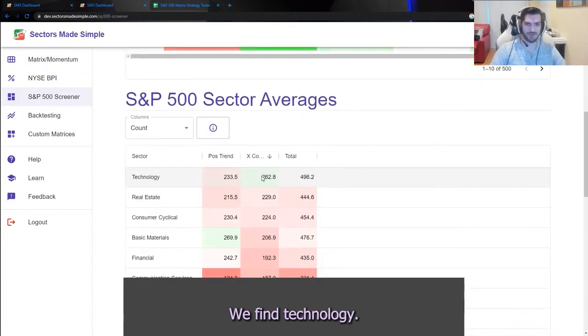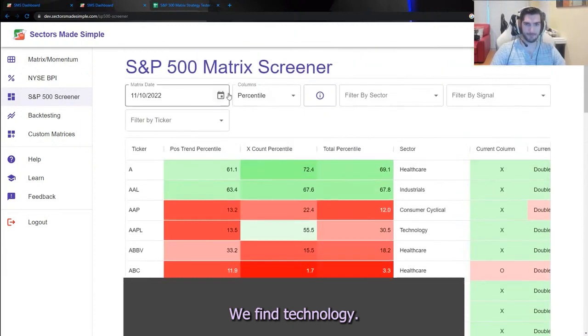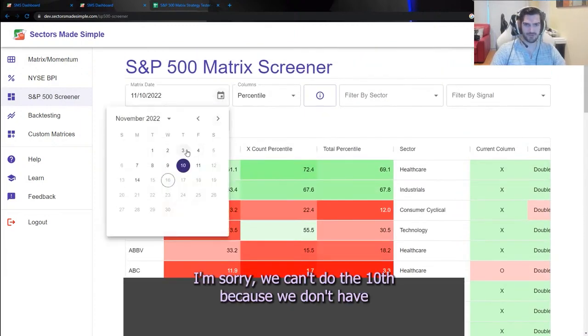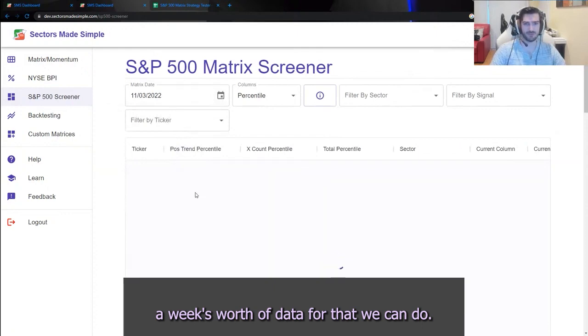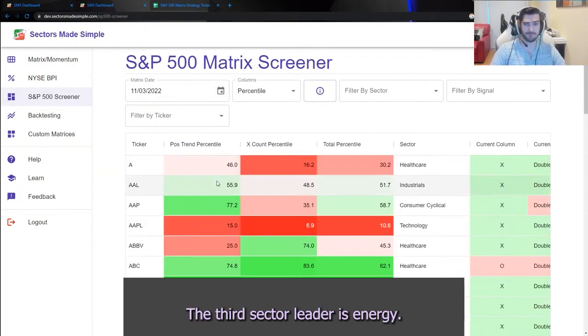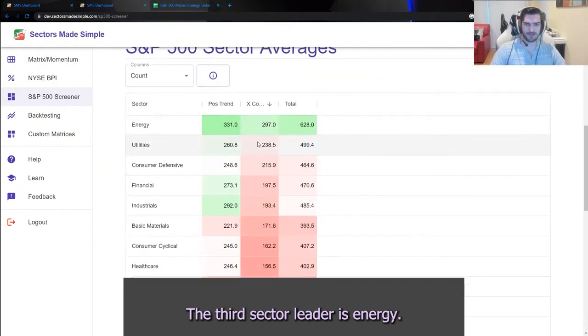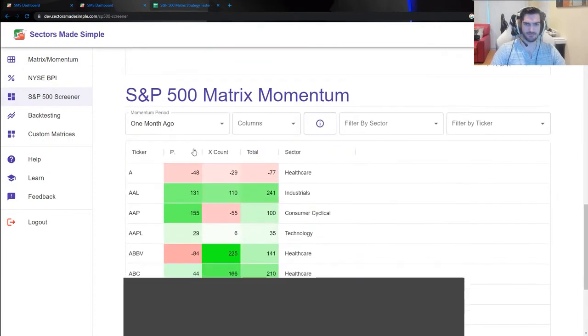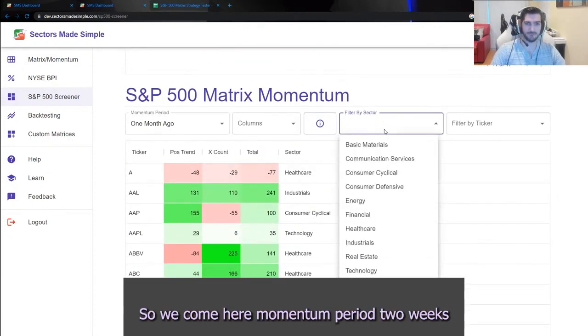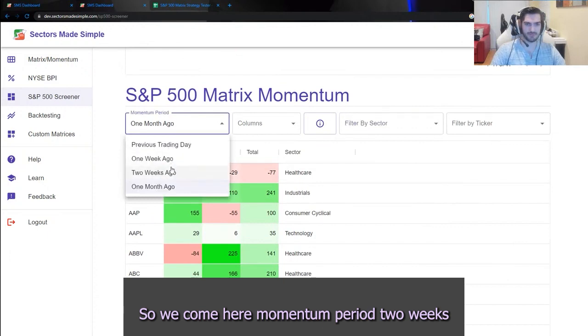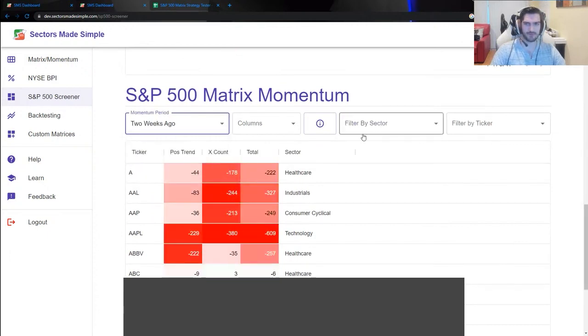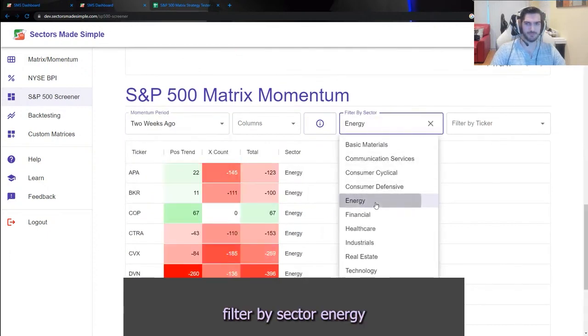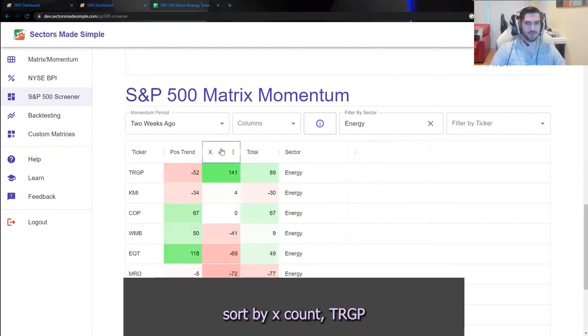We find technology. We can't do the 10th because we don't have a week's worth of data for that. We can do the 3rd. Sector leader is energy. So we come here, momentum period, 2 weeks, filter by sector, energy, sort by X count, TRGP.